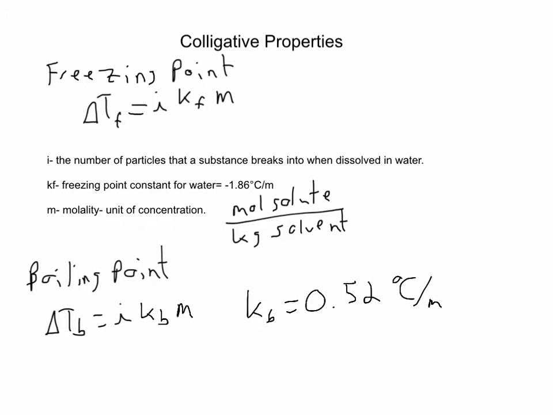So really the only difference between these two equations is the constant. This is the constant for boiling point. This is the constant for freezing point. The boiling point constant is positive because the boiling point increases. We add whatever we get here to the boiling point of water, which is 100 degrees Celsius.